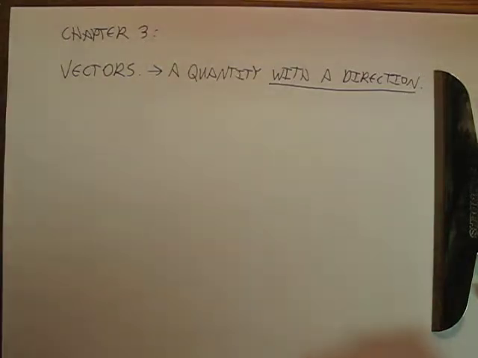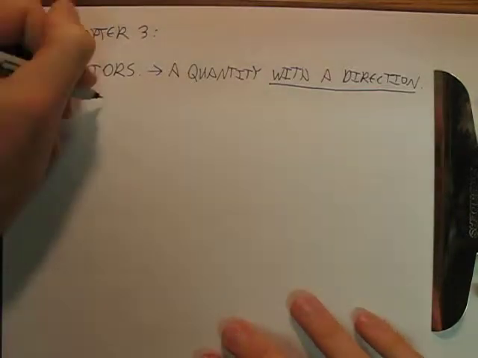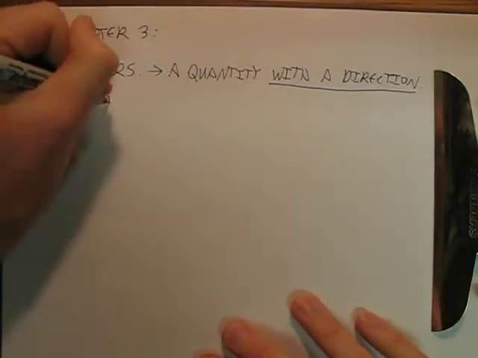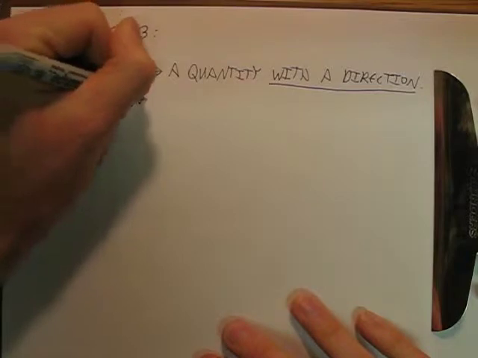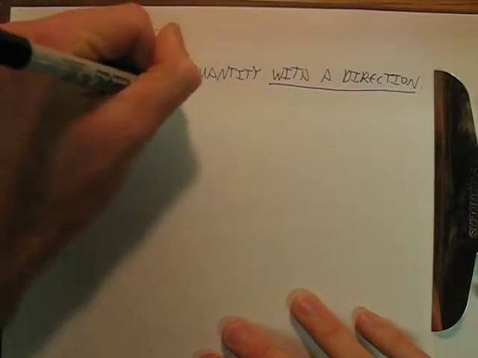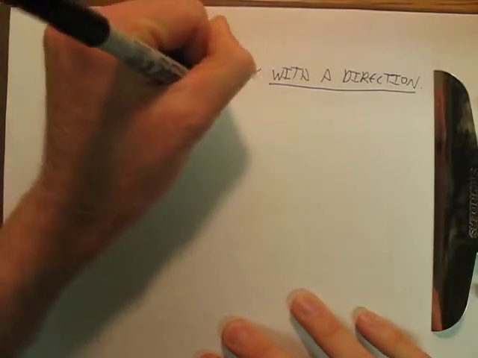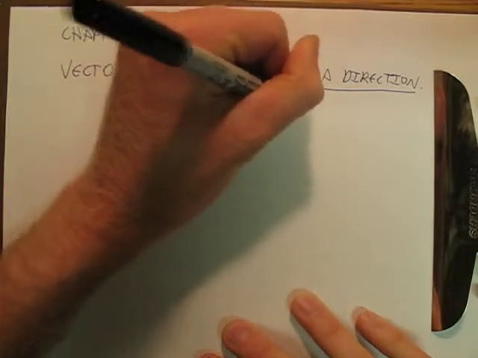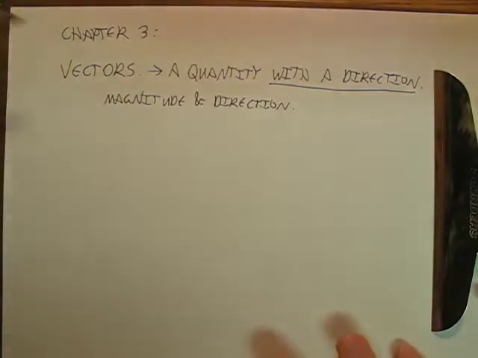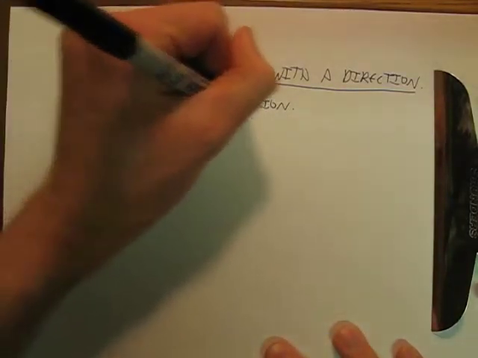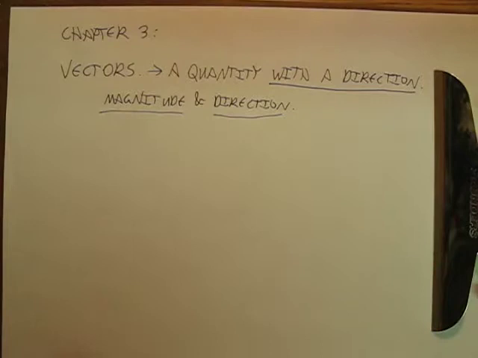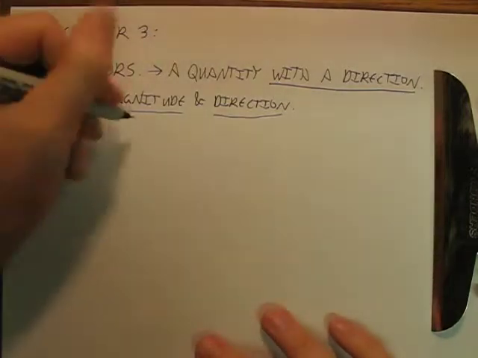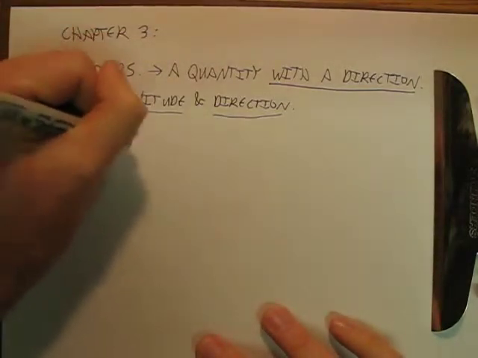Now, in the book, you're going to hear a lot of places, magnitude and direction. And it's kind of hard for me to explain what magnitude is. Magnitude is just a size, it's an amount, it's a quantity. So I would say magnitude is a quantity.